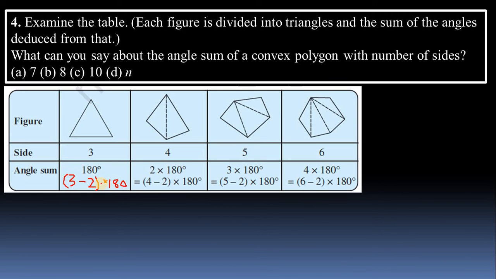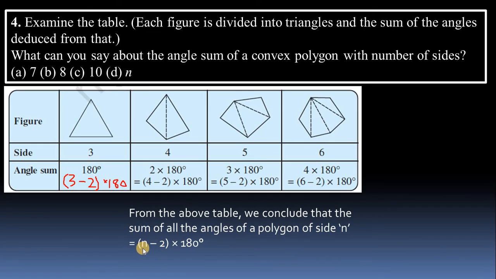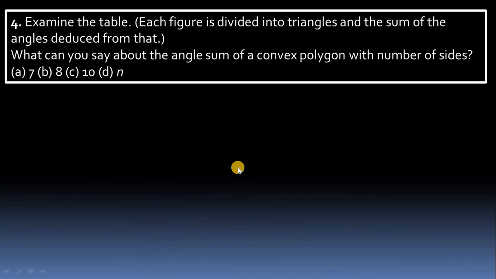Now we will implement this formula, and the formula is n, because you see the values 3, 4, 5, 6, so it is n minus 2 into 180, these are the fixed values. By using this formula you can find the angle sum. For 4 sides, 180 into 2, you do the calculation, 360. So according to that you can calculate.